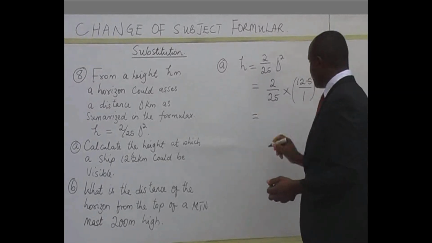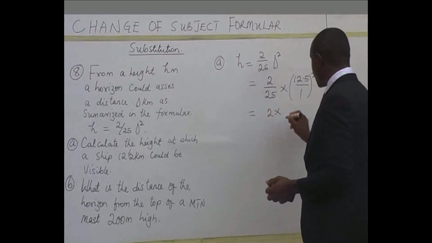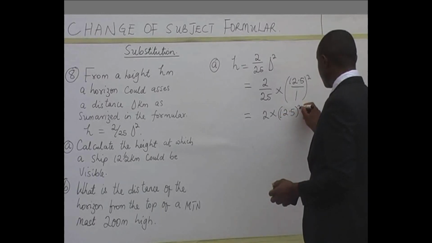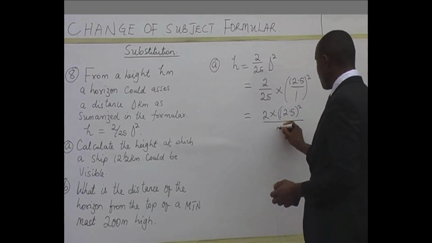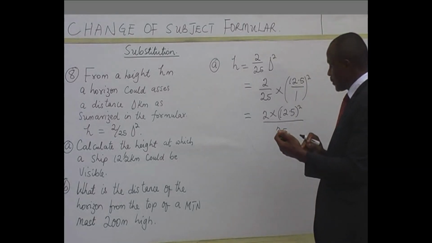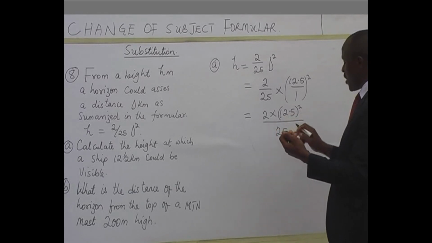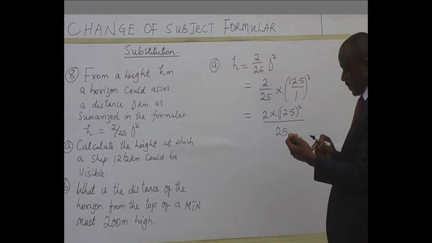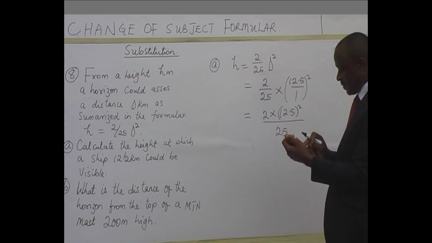This is going to give you 2 times 12.5 squared divided by 25. We are going to make use of our calculator. First of all, 12.5 squared, 12.5 times 12.5.